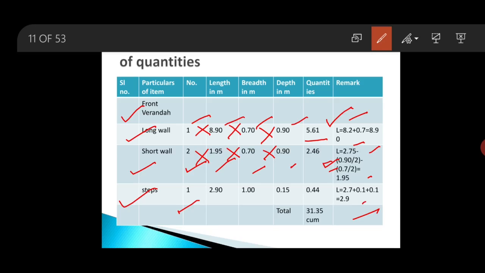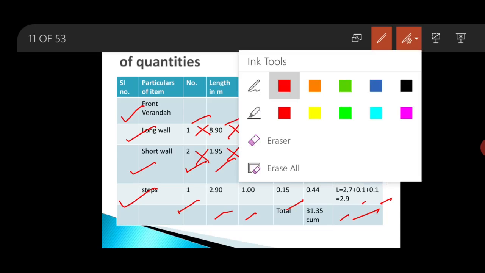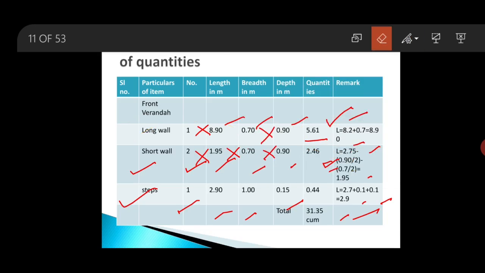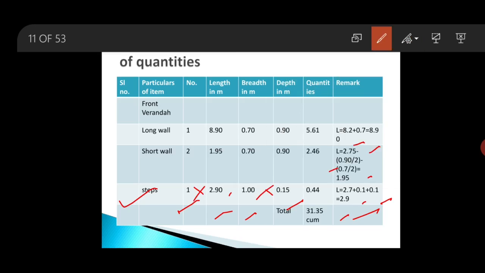So 0.1 plus 0.1, this will be equal to 2.9 meter. Breadth is 1, depth is 0.15. Then by multiplying all these we will get the total quantity of excavation for this step as 0.44 cubic meter.